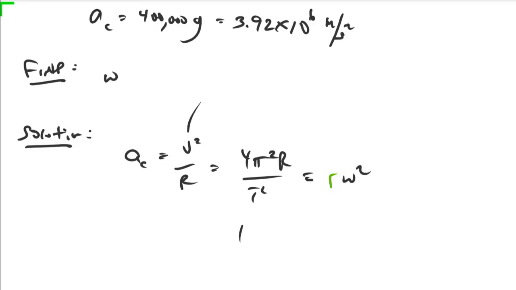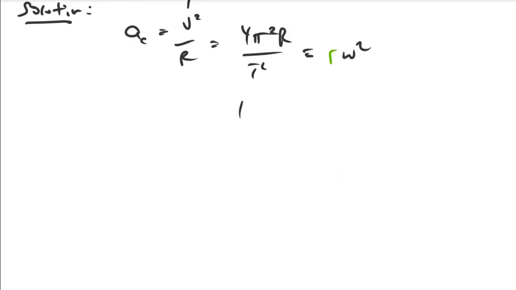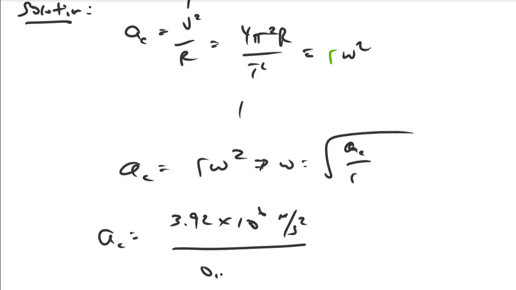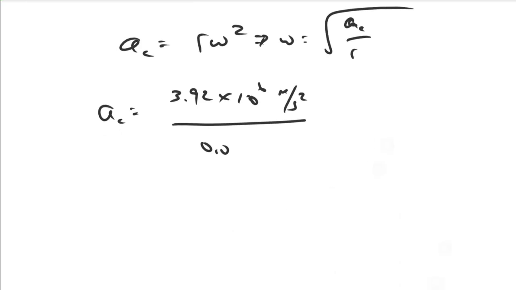And so, the centripetal acceleration is r omega squared. This means that omega is equal to the square root of the centripetal acceleration divided by the radius, right? And so a_c is equal to 3.92 times 10 to the 6th, this is meters per second squared, divided by 0.025 meters, square rooted.